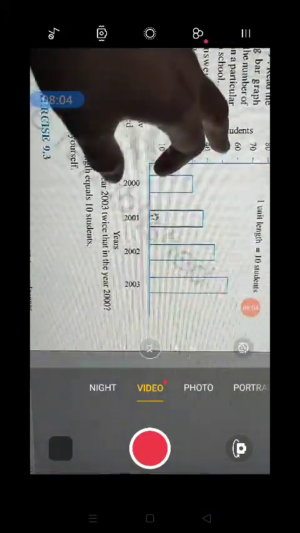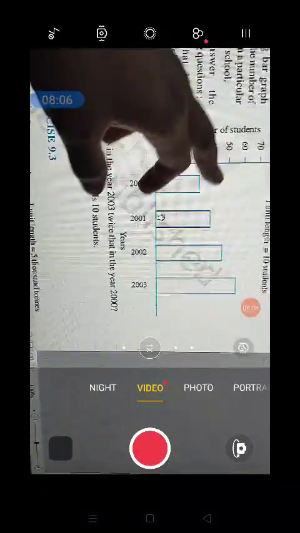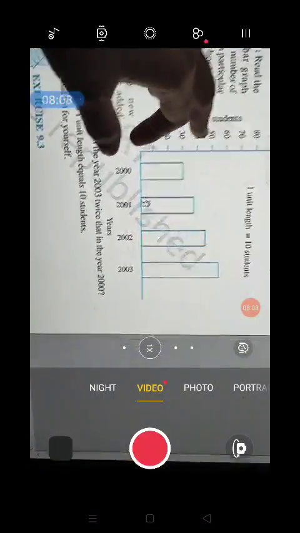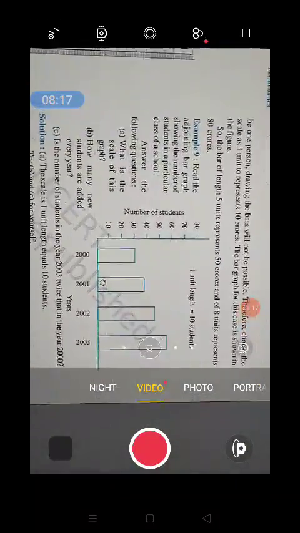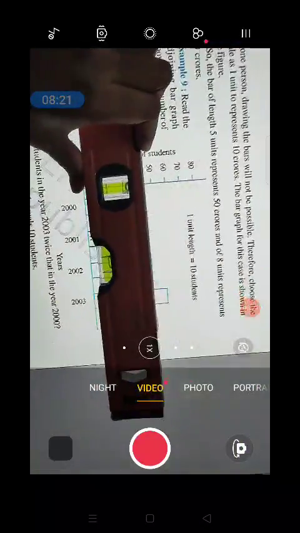Yes or no? Similarly, in 2002, how many? 50 students were there. You can see the graph. Or if you have difficulty figuring out the number of students, you better place a scale, a kind of a ruler. I've got this leveler in my hand right now.